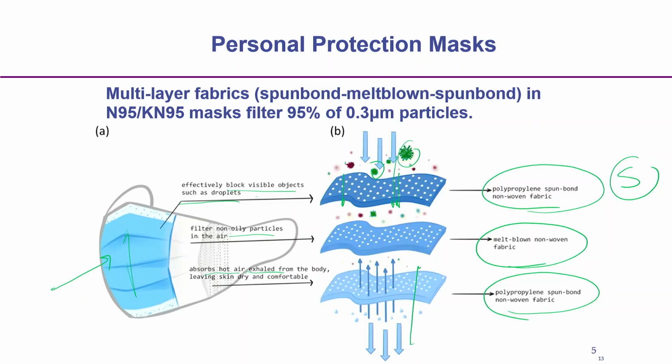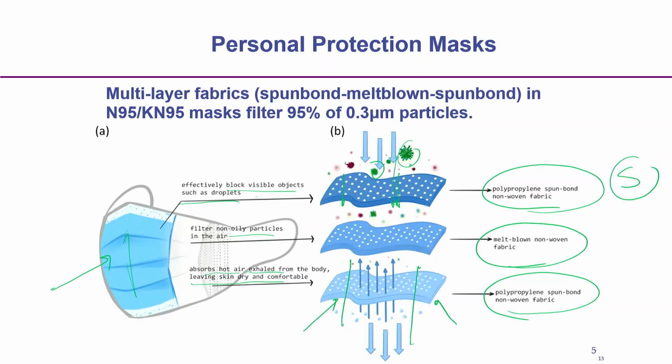During exhalation we exhale hot air from the body, and this layer leaves the skin dry and comfortable, because it is basically made of polypropylene. Polypropylene does not absorb water, so it stays dry, and due to its high wicking characteristics, whatever moisture is generated goes to the next layer.